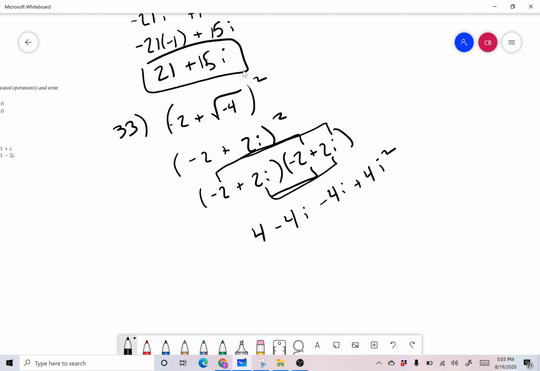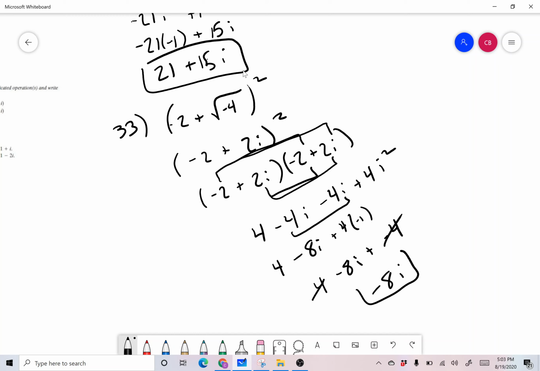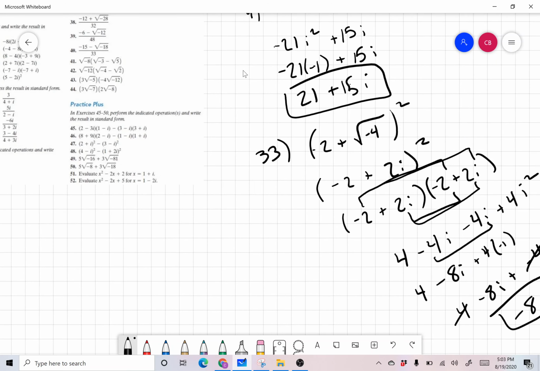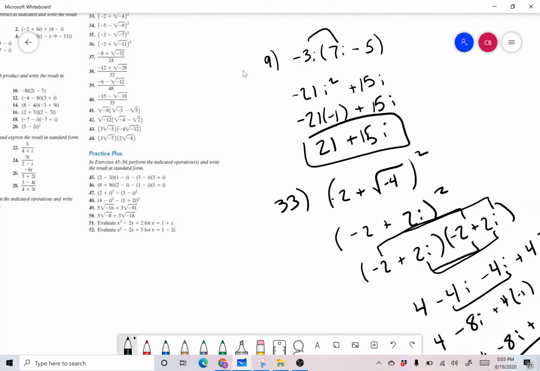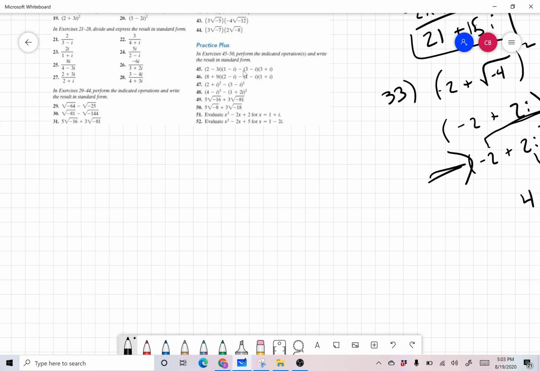Okay, so let's see, this is 4 minus 8i, these are combined, plus 4 times negative 1, 4 minus 8i plus negative 4, so this is just negative 8i. So make sure, guys, if you get a squared one like that, that you do the foiling method that we use right in this step. Okay? All right, now let's talk about conjugates.